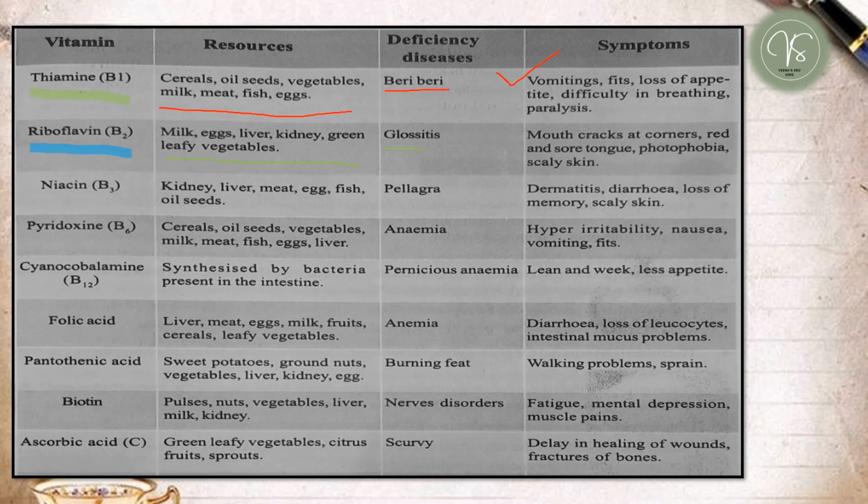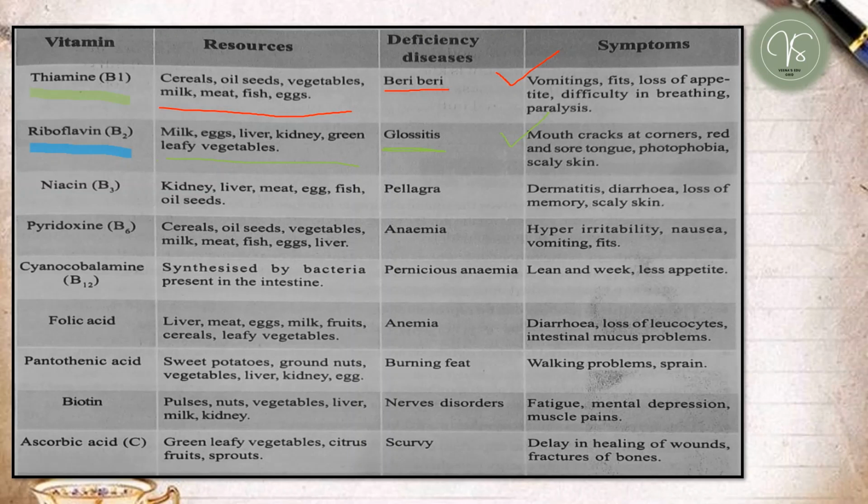The deficiency of this vitamin causes glossitis, and the symptoms are that the mouth cracks at the corners and the tongue will be red and sore, and the person suffers from a condition known as photophobia, where he becomes very sensitive to sunlight, even incandescent light and fluorescent light. He also develops scaly skin.